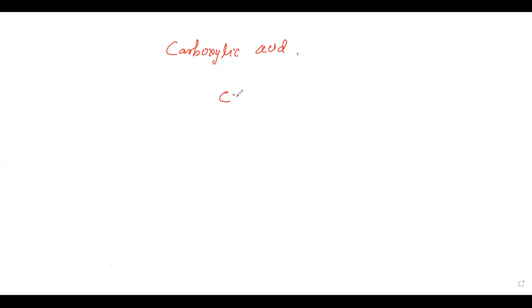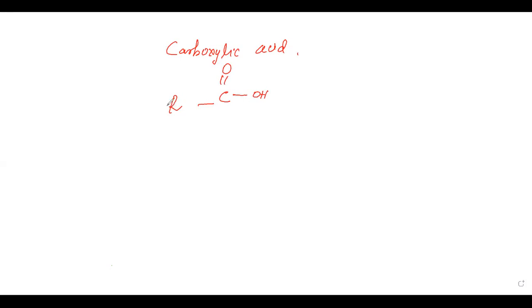So when we have the carboxylic acid, we are talking about C double bond O, and we have the angle here. That is called the carboxylic acid.